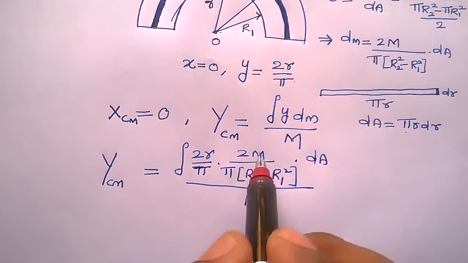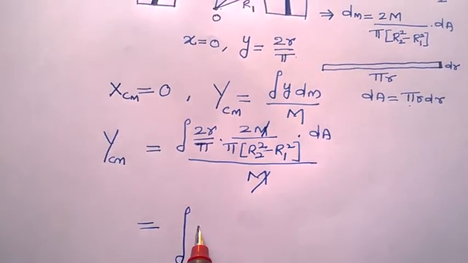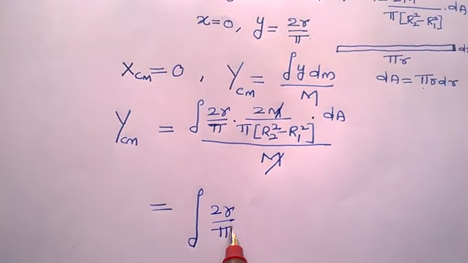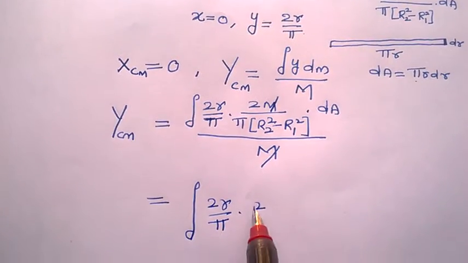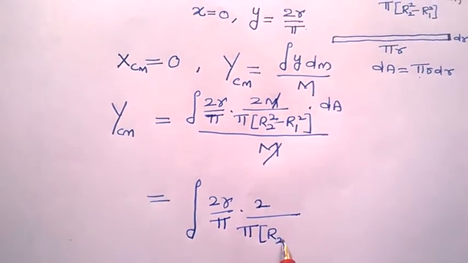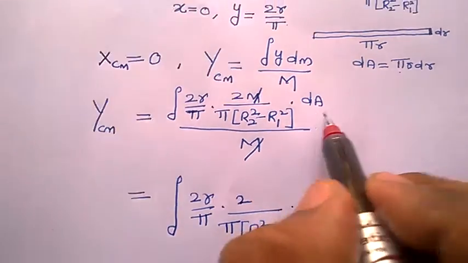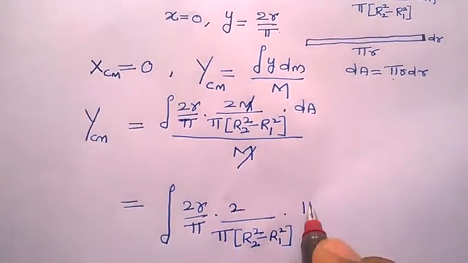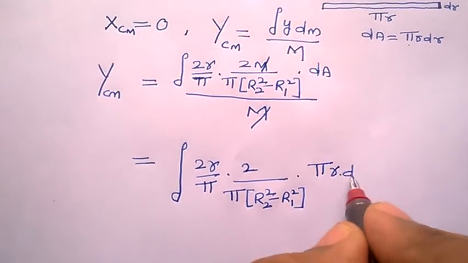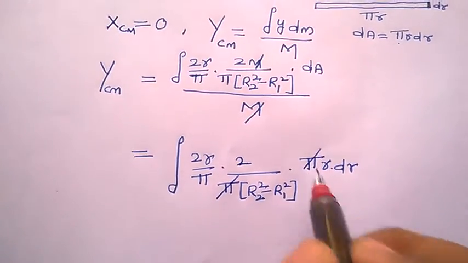So you can cancel M. So I am left with integral 2r by pi into 2 by pi times R2 square minus R1 square into dA. What is dA? dA is pi r into dr. So pi r into dr. So also pi gets cancelled.